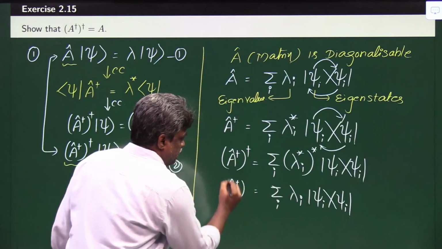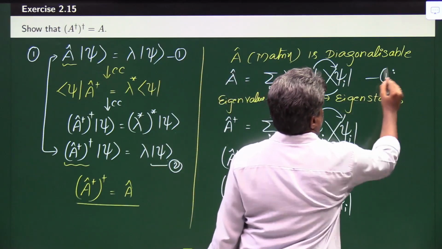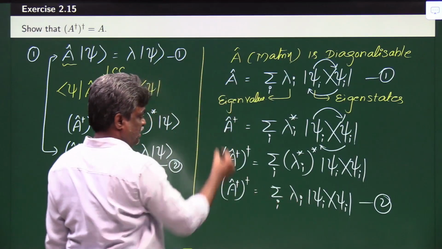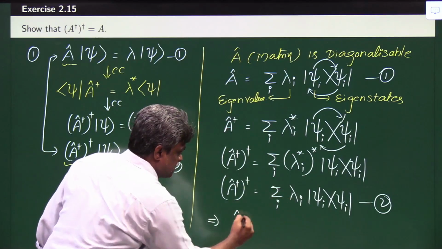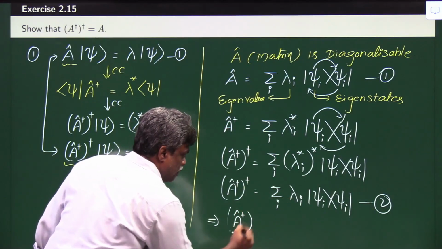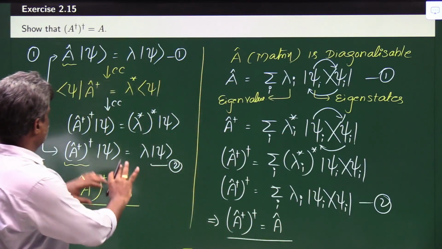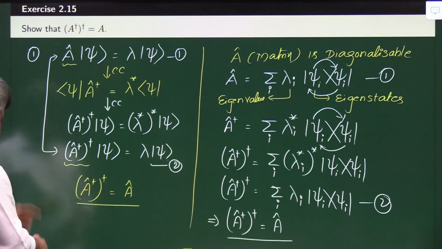This is A dagger whole dagger. Now if you observe this first equation and the second equation, the left hand sides are same, and we can say that the right hand sides are same. A dagger whole dagger equal to A. So I have done it in two ways. Whatever you feel easy, you just follow that.